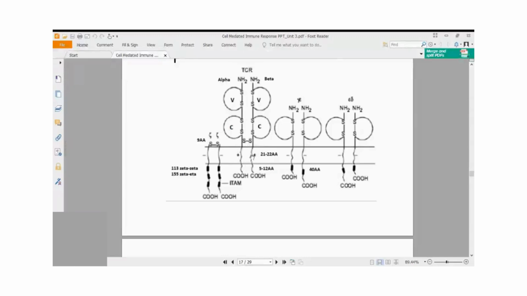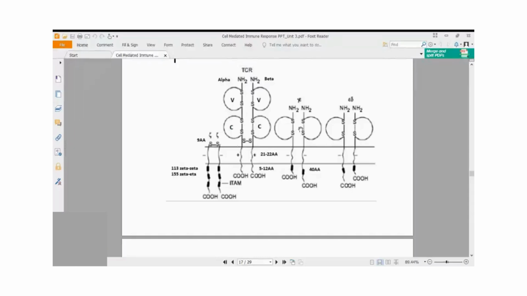So therefore, if the T cell receptor has to activate the T cell, it needs the assistance of the co-receptors. And the co-receptors adjacent to it belong to another complex called the CD3 complex. And altogether they are called the TCR CD3 complex.